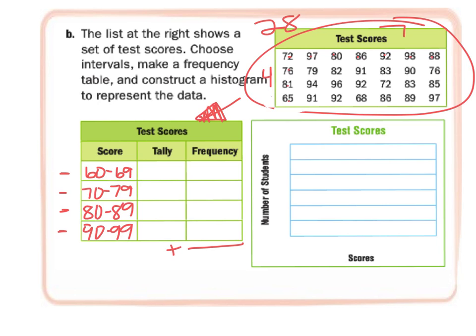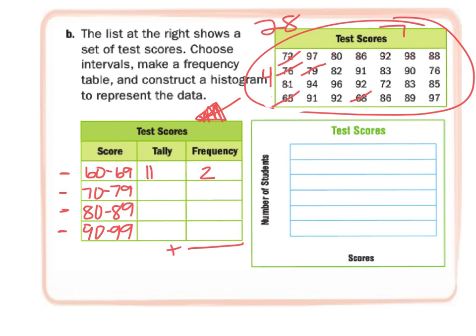Okay, let's get started. So 60s first. I have 65, 68, so 2 in the 60s. Okay, 70 through 79. I have 72, 76.